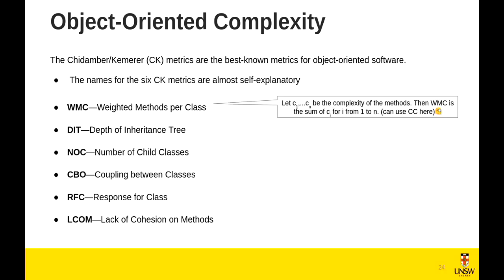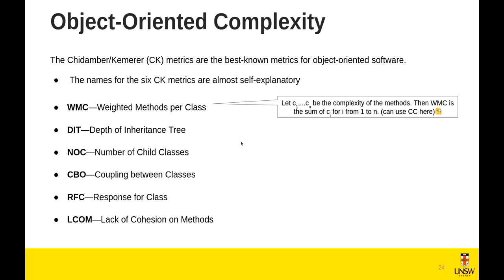It is calculated as the sum of complexities of each individual method of a particular class. We can use cyclomatic complexity here, and we can also use Halstead's complexity metric here.